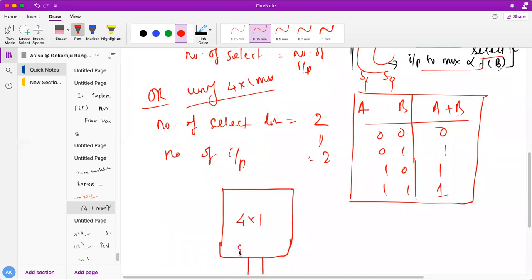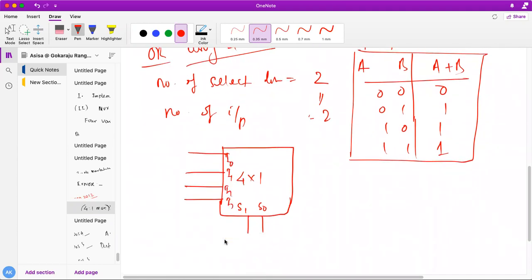These are my select lines S1 S0. These are my inputs I0 I1 I2 I3. So first step, what? If number of inputs is equal to number of select lines, just connect both the inputs here. Try to remember, this is the MSB bit of the select line, this is the LSB bit of the select line. So always connect MSB bit here, always connect LSB bit here. Okay, now if it is 0 0, what can I expect at the output, students?